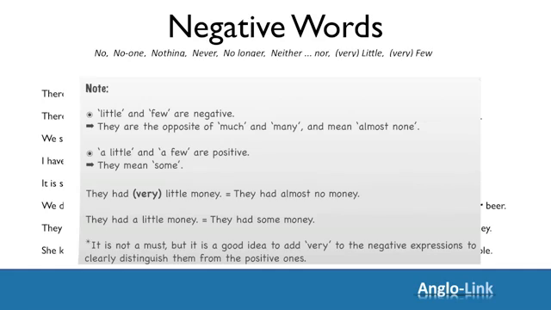They mean some. So you've got to be really careful which one you use. So when you hear or say they had little money, it means they had almost no money. Whereas when you say they had a little money, you mean they had some money.